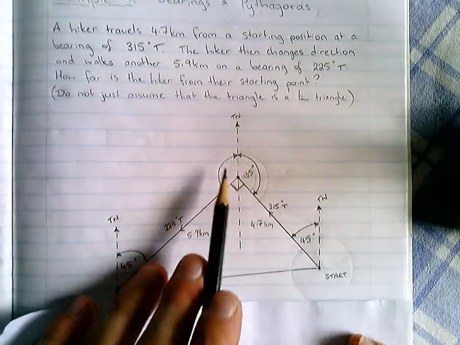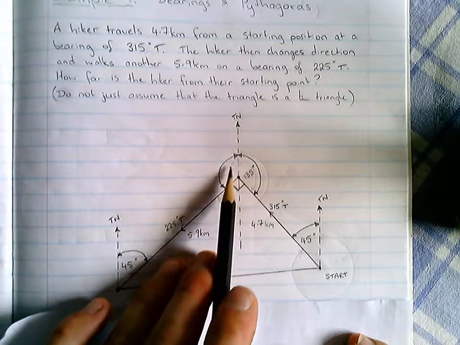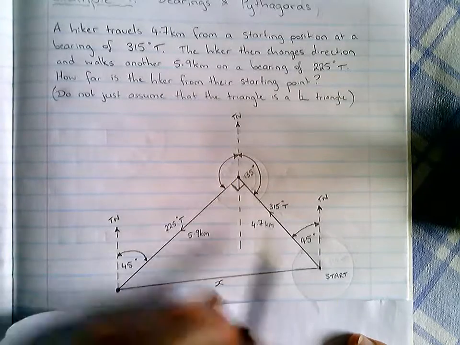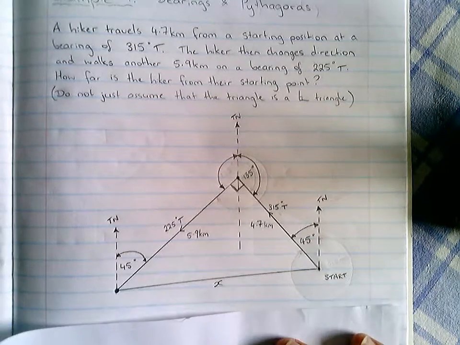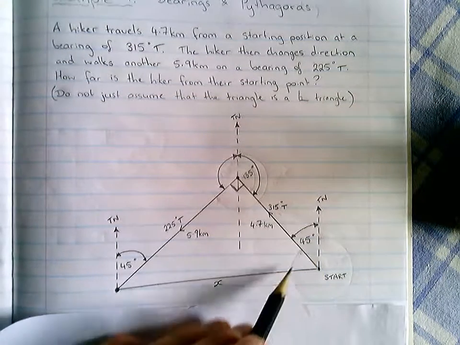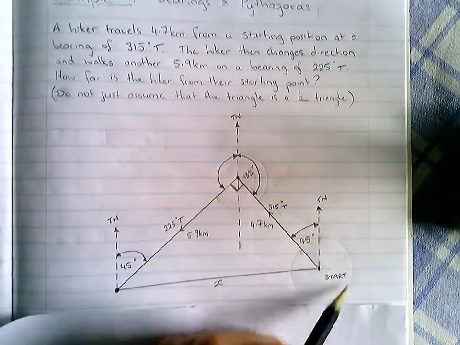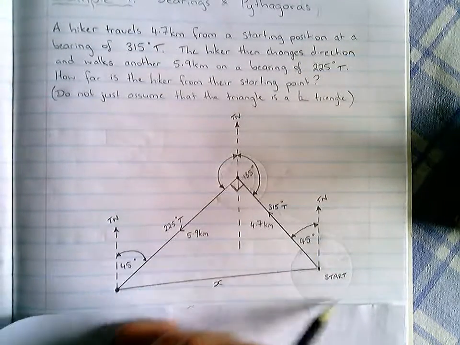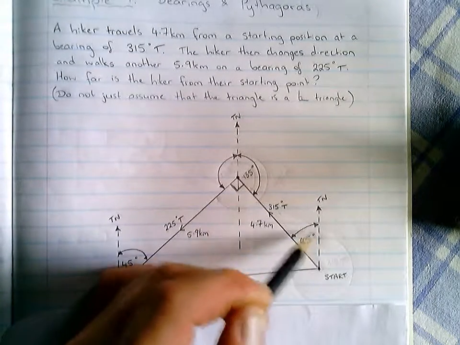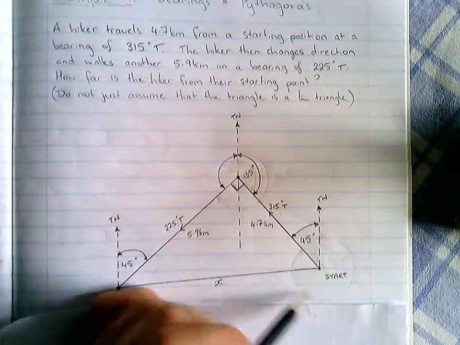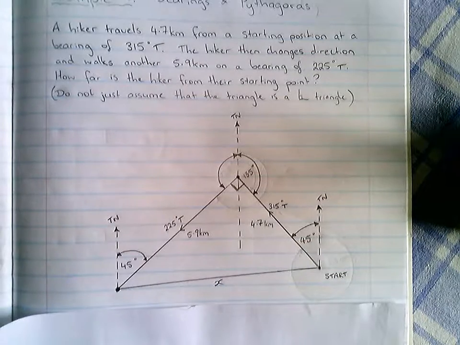So I've rubbed this one out because this is the important one that you need to show with regards to determining that this triangle is a right angled triangle, and not just assuming that it's a right angled triangle. Now if this is 315 degrees, this first bearing from true north, and a full rotation of a circle is 360 degrees, then this angle must be equal to 360 subtract 315 degrees, which will give me this remaining angle, which is 45. That's how I got that one.